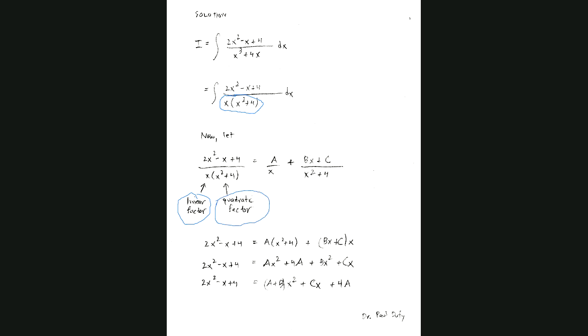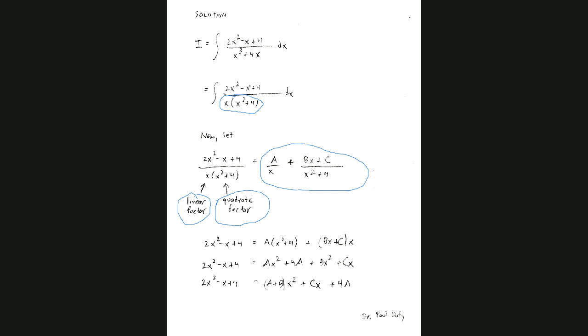And so when we did the partial fraction expansion right here, we expanded the rational function as the sum of two fractions. The first one being A over x, because x is of degree 1, we put a constant, which is one degree less.